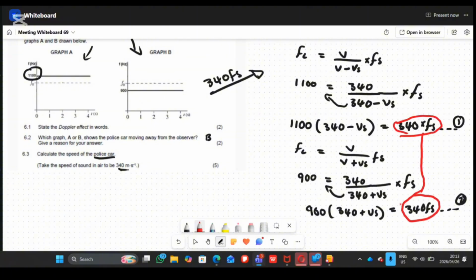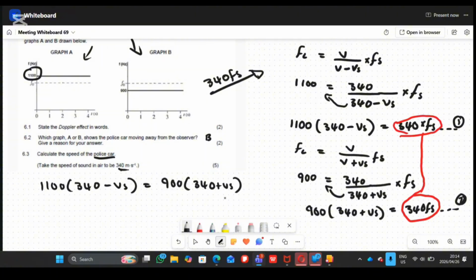So I can equate those two things because they're equal. Then when I equate them, I'm going to have 1100 into 340 minus Vs is equal to 900 into 340 plus Vs.